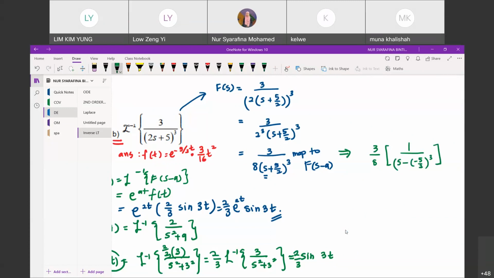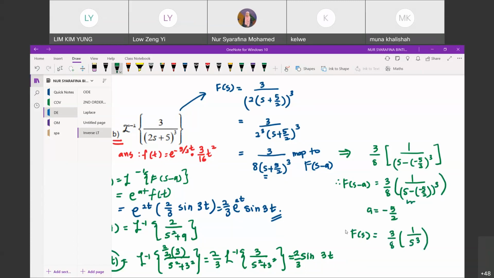So you know that then this is F(s minus a), where a equals to -5/2. Okay, so when a equals -5/2, and this is F(s minus a), so F(s) can be written as 1/s cubed, right? So this is in terms of s minus a now, in terms of s alone.